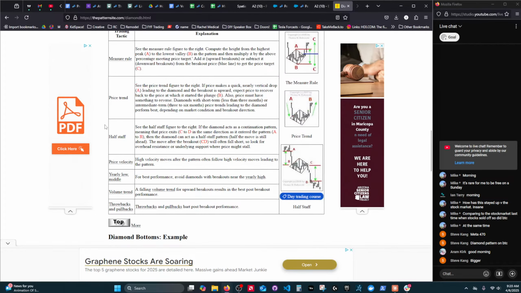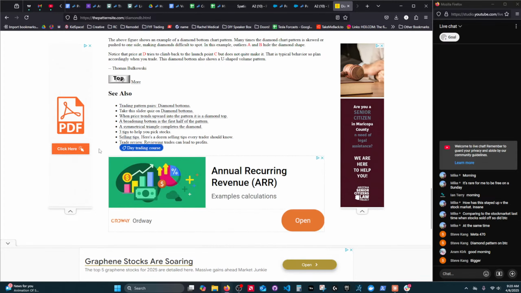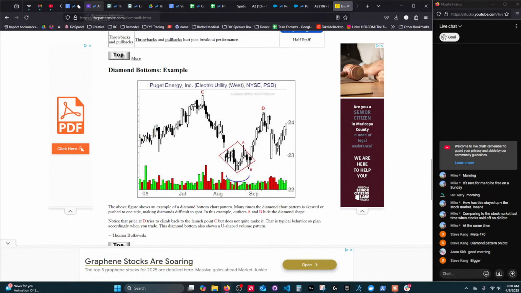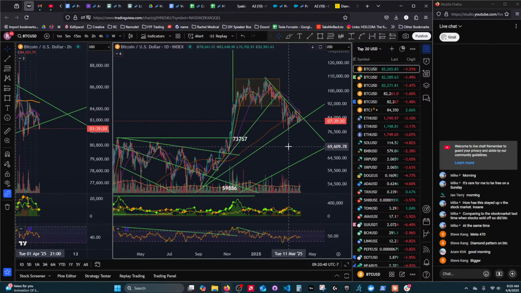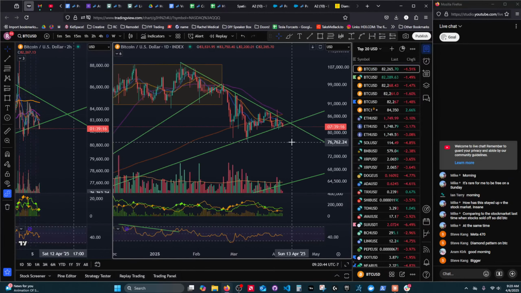Price trend, half staff, price velocity, price trend, throwbacks and pullbacks. See, that's a decent diamond. Oh, volume trough. He's looking for a volume trough indicating almost like an inverted head and shoulders pattern. Are you thinking diamond bottom or diamond top, Steve?